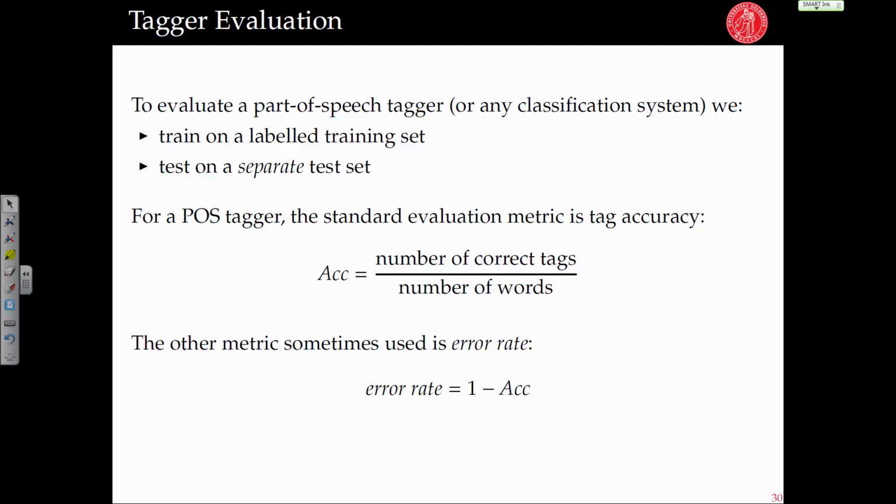That doesn't tell you much different information than accuracy, but some people use it because it looks better to say that I have reduced the error rate by this much, and it would be like 50%, but maybe you have actually reduced a very small portion. Anyway, in the assignment you have an evaluation script that will count the accuracy for your tagger.